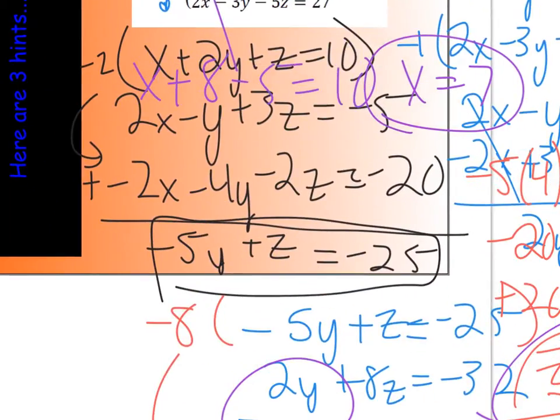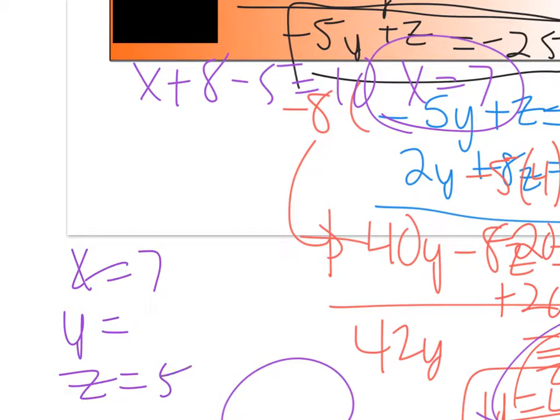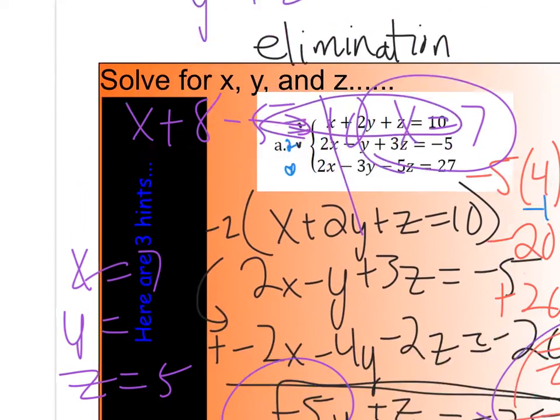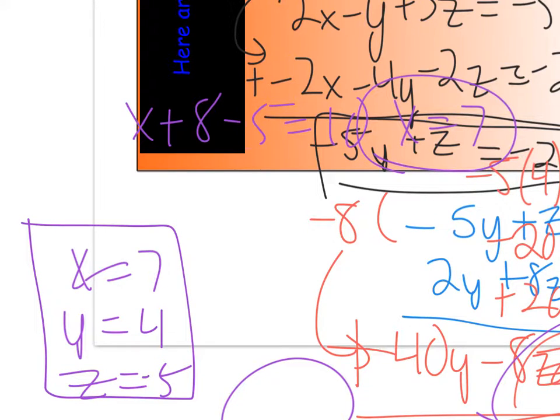So that means final answer here, x equals 7, z equals negative 5, sorry, and y equals 4. There's my answer. So that's a lot of elimination going on here.